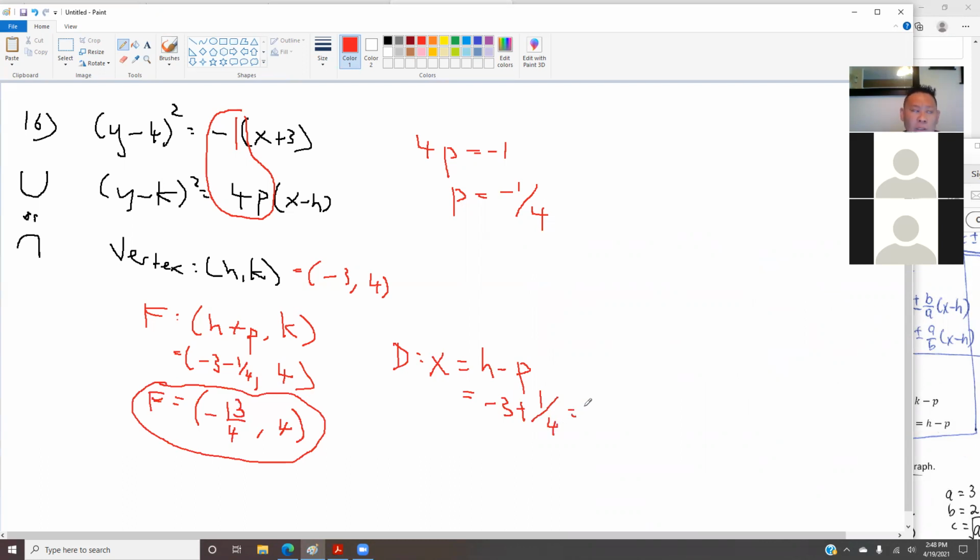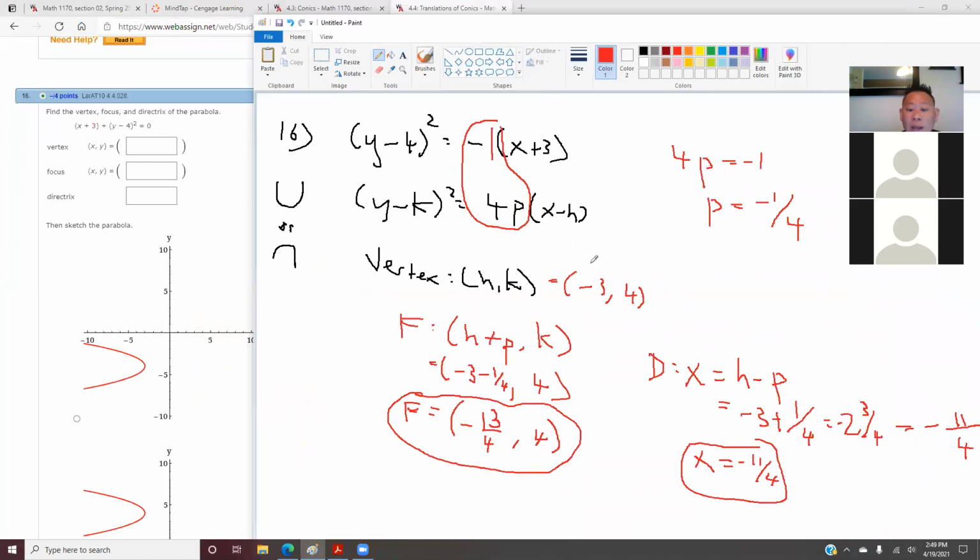So this is actually -2 3/4, because -3 take away... this is -11/4. So when you put this in your answer, make sure you put x equals -11/4. Do not give me just -11/4 because you will get it wrong. So for this question, your vertex is (-3, 4).